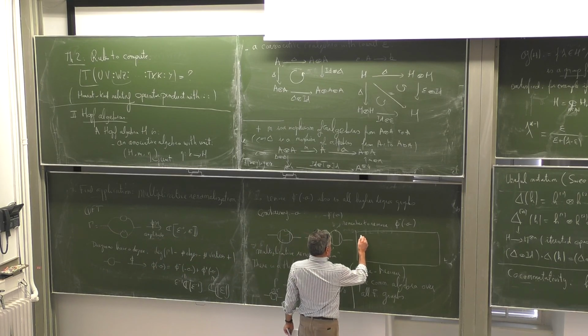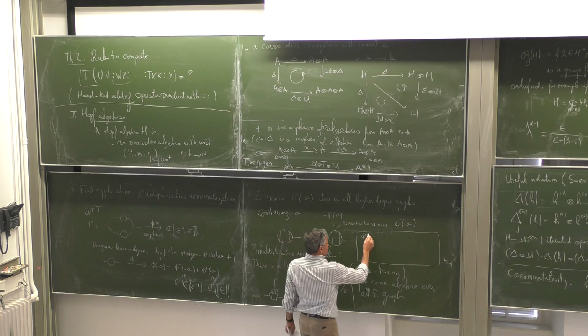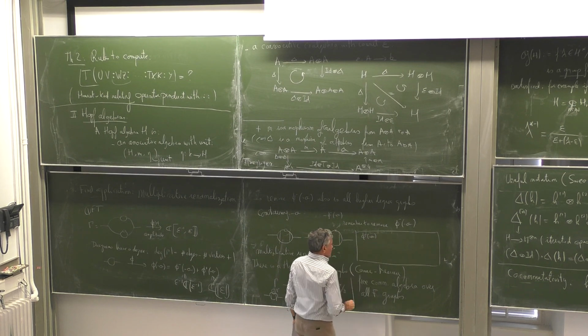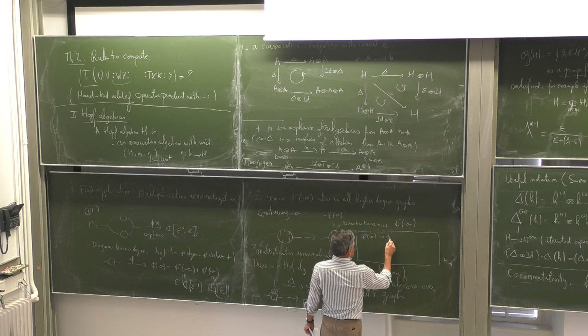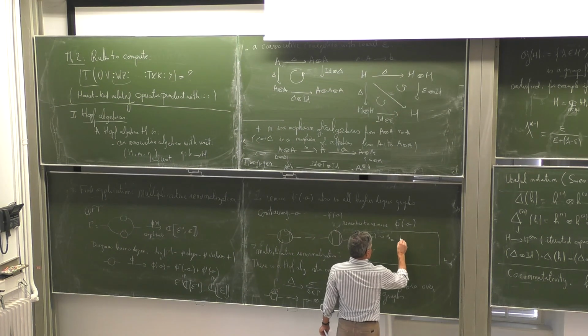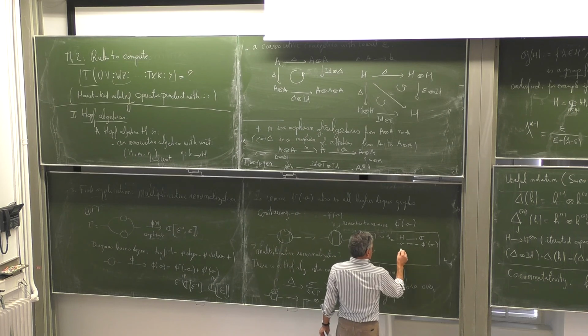I can use, yes, okay, just very briefly, I can use this quantity to define a linear map from H to C that maps this elementary graph to minus phi minus the graph, and all other graphs to 0.